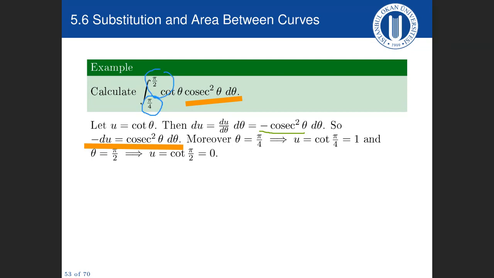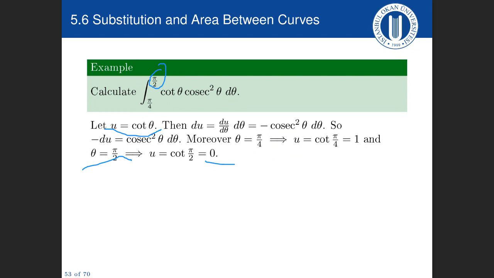Instead of theta is pi over 4 and theta is pi over 2, we need to change these into u. Looking at the bottom one first of all, theta equal to pi over 4, if u is cotan theta, is the same as u is cotan pi over 4, or 1. And for the upper limit of integration, instead of theta is pi over 2, u is cotan pi over 2, which is 0. The new upper limit is going to be 0.